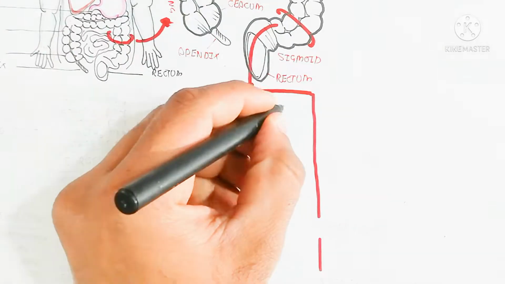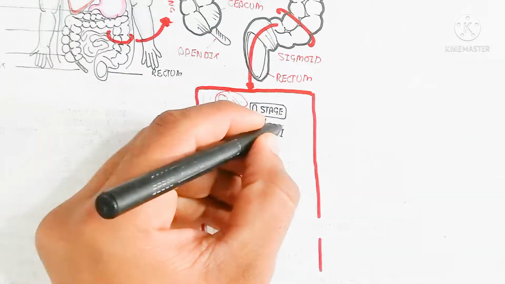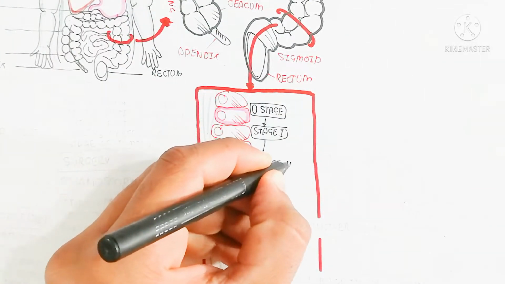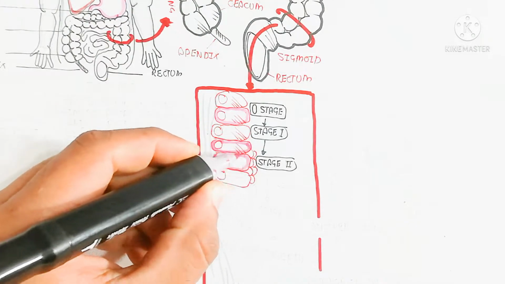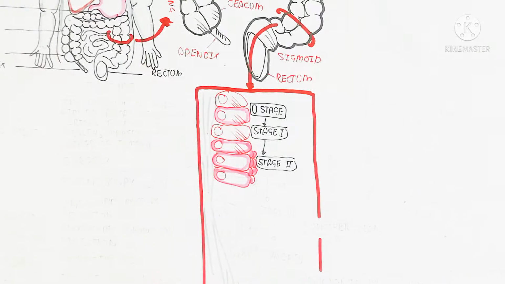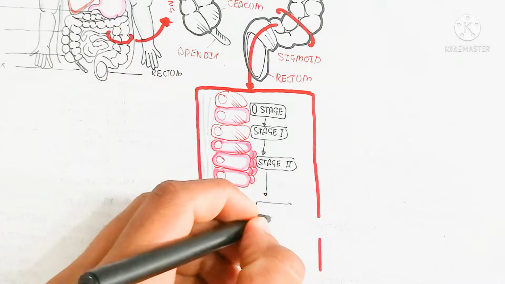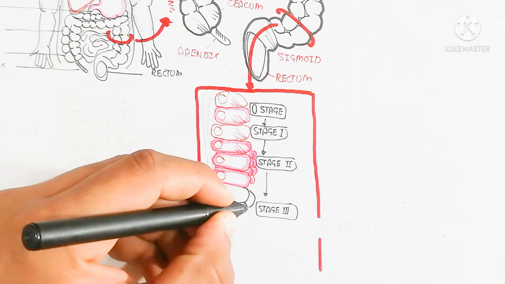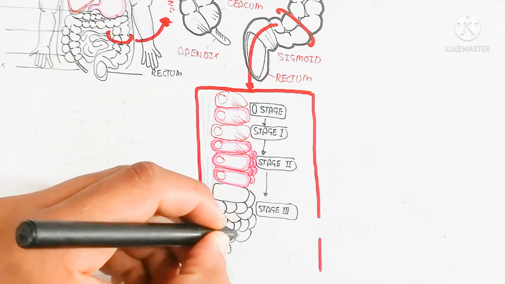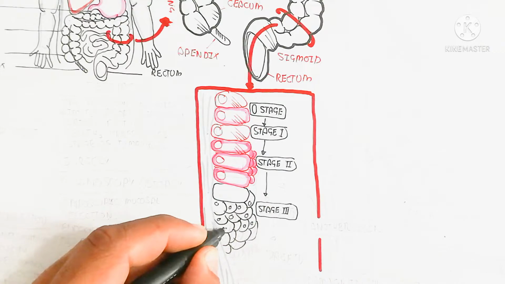So for this cancer we will discuss stage 0, where the cell is not differentiated, but it can trigger stage 1. Stage 1 is basically rapid proliferation, and in this way the cell becomes abnormal due to mutation.